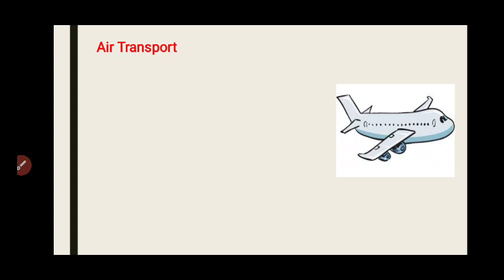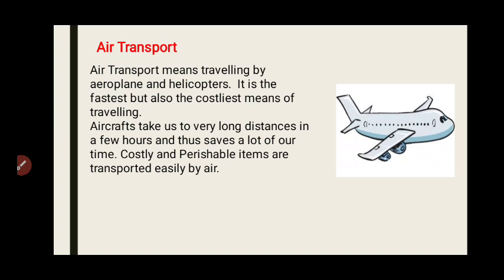Your next is air transport. Air transport means traveling by aeroplane and helicopters. It is the fastest but also the costliest means of traveling. It is very costly. Aircraft takes us to very long distances in a few hours.